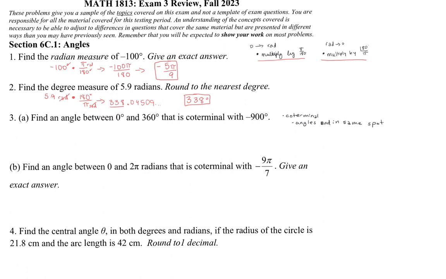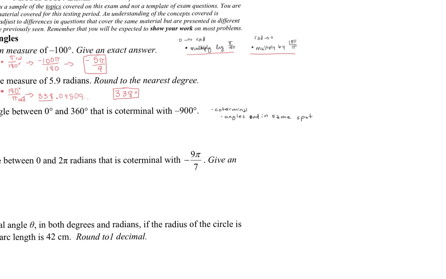So essentially, if I were to draw the graph, right? And we have the angle of 180 degrees, right? It ends on this line, it ends here. Now, say we have an angle of negative 180 degrees. Also ends here. So negative 180 and positive 180 are coterminal of each other.